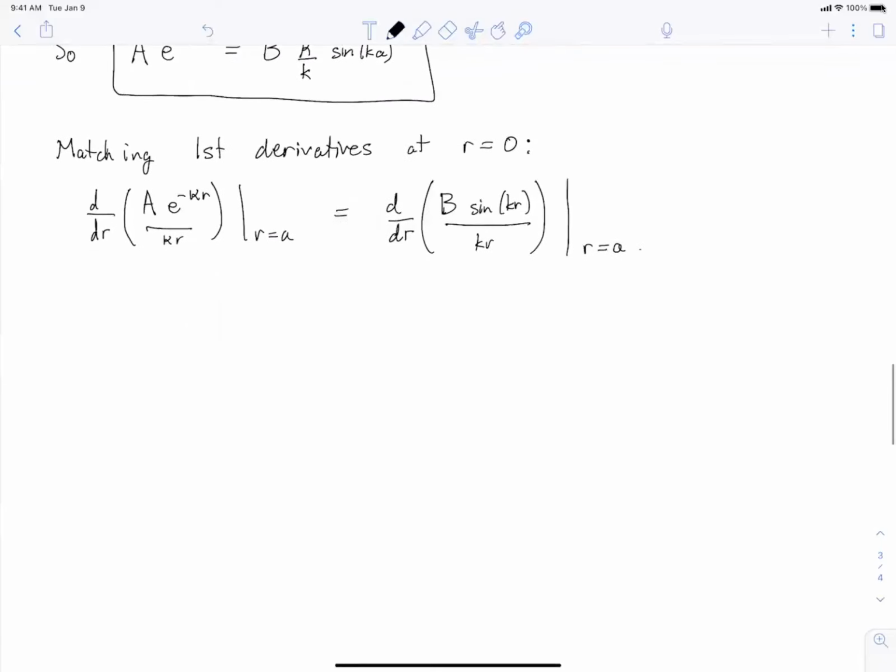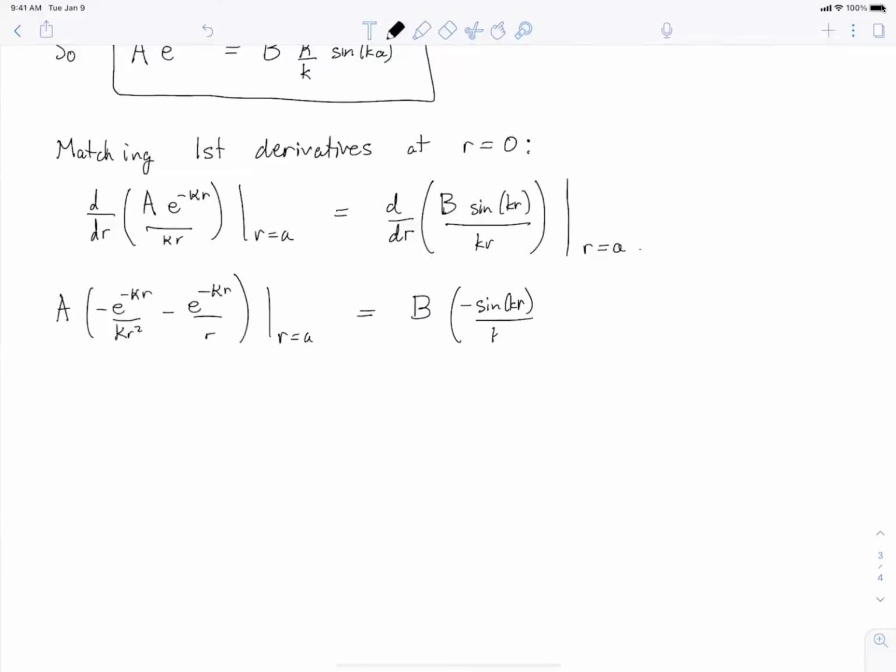Okay, but we just have to do the derivatives. When we do the derivative on the left-hand side, we get A times minus e to the minus kappa r over kappa r squared, minus e to the minus kappa r over r, all evaluated at r equals a. On the right-hand side, we get B times minus sine kr over kr squared plus cosine kr over r. I've just applied the product rule there.